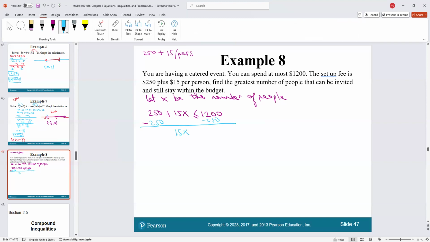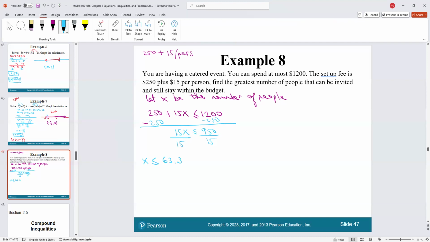So 1,200 minus 250 gives you 950. Now, if you divide both sides by 15, because we're dealing with a product, we get 950 divided by 15.